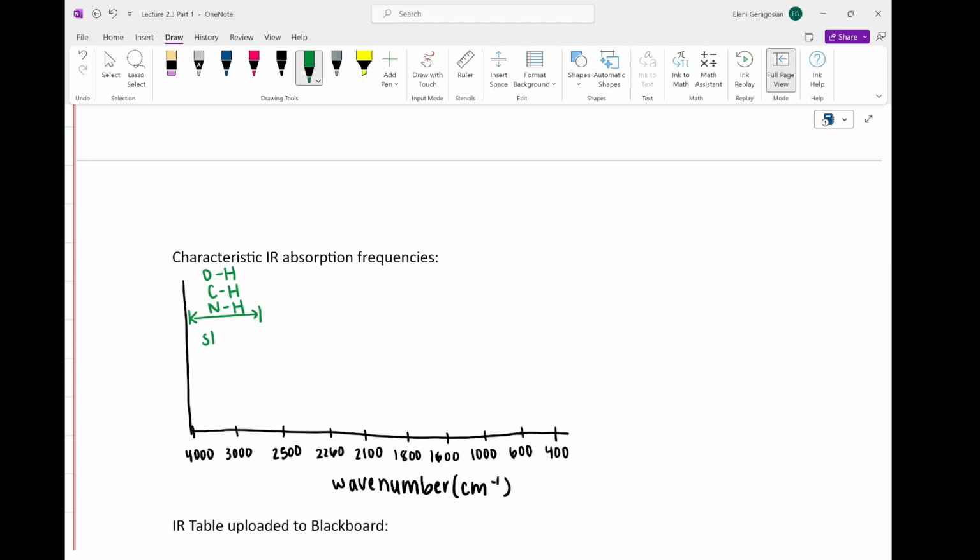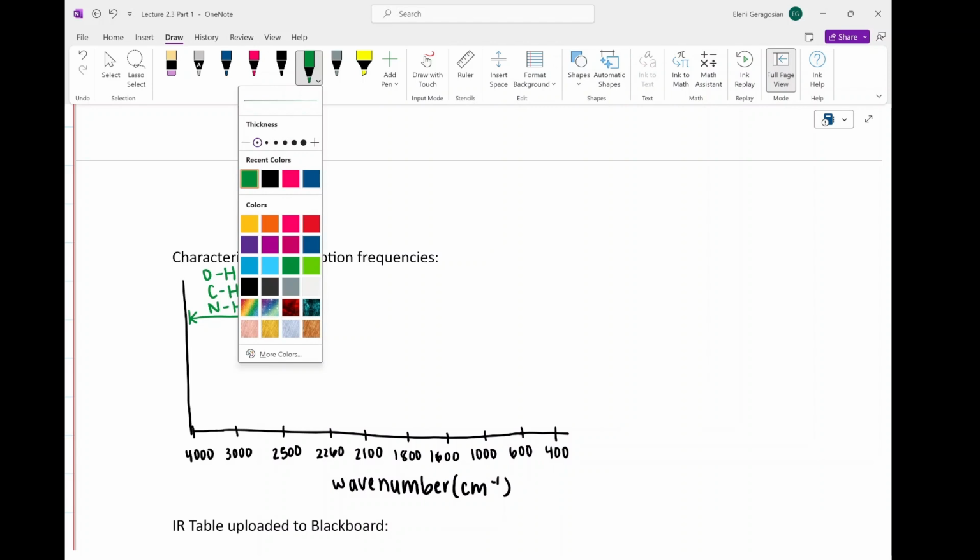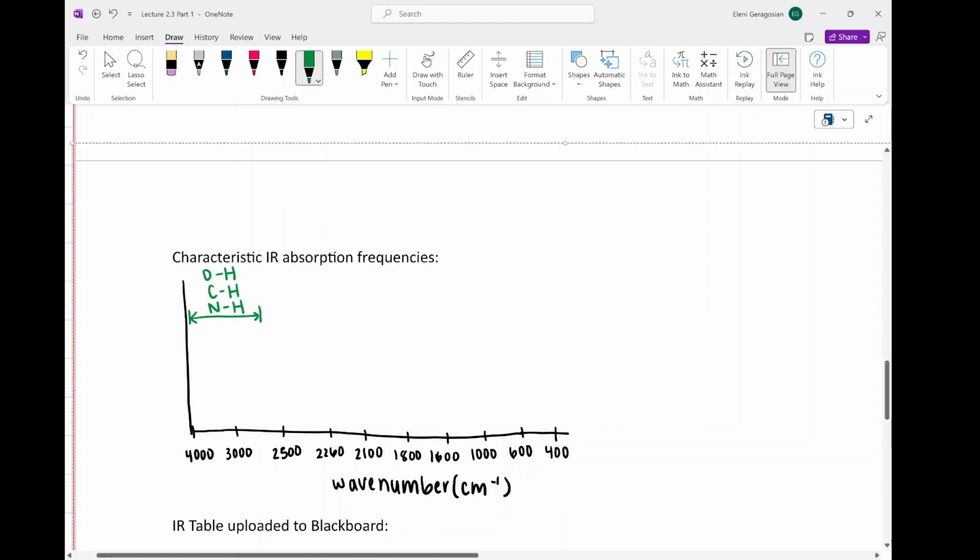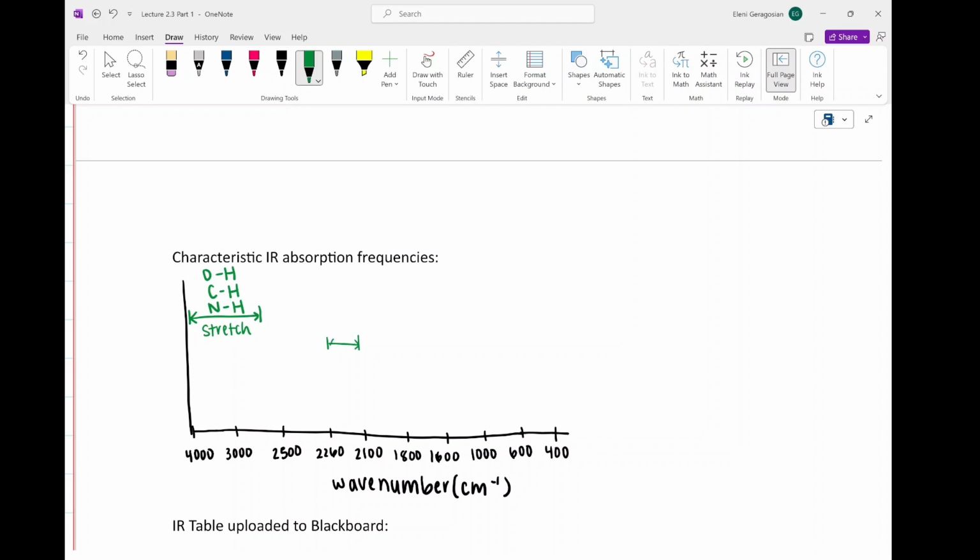And these are stretches. In the 2260 to 2100 area are carbon to carbon triple bonds and carbon to nitrogen triple bonds.